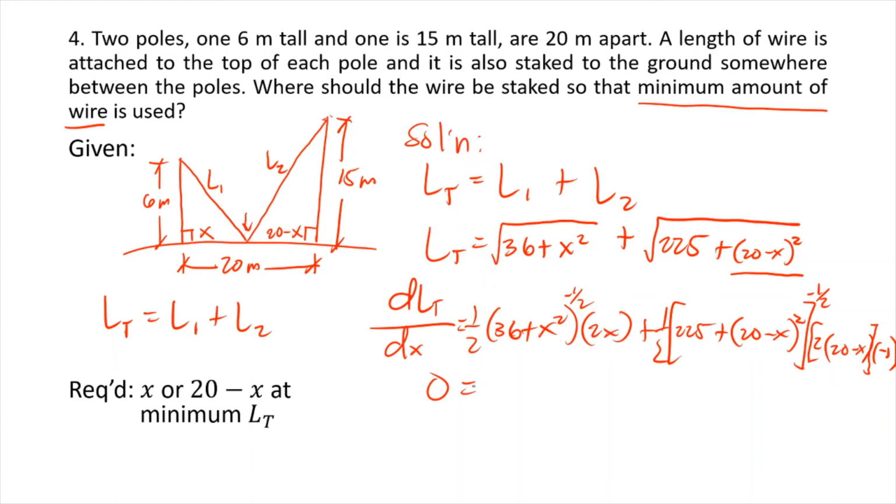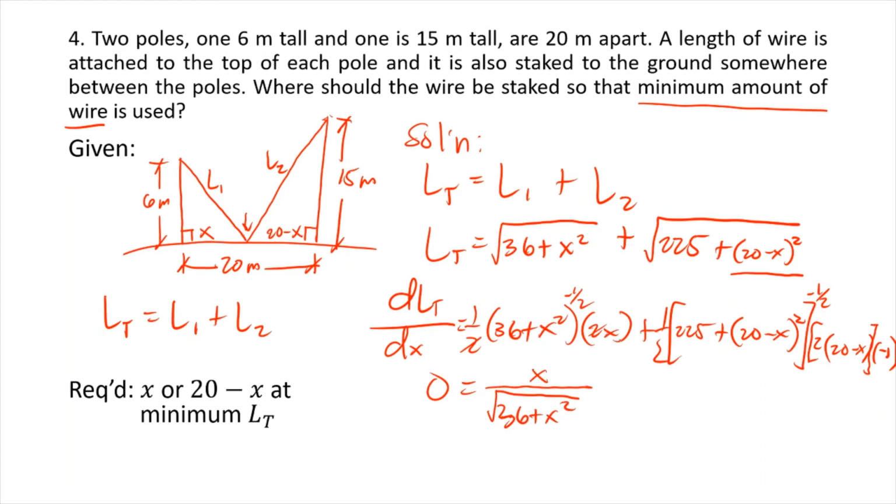Okay, so we can cancel out 2, right? Then we convert this to a positive exponent, so it will be transferred to the denominator. You have x, and then we can express this as a radical, right? So square root of 36 plus x squared.